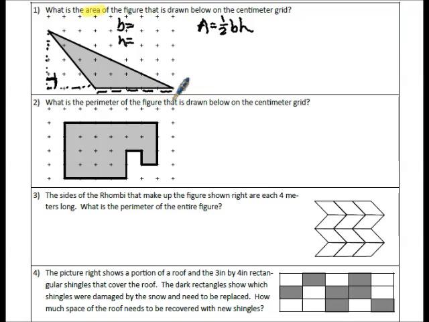Now the base is this bottom, which I see 1, 2, 3, 4, 5. It is 5 centimeters because it's on a centimeter grid. And I see here that the height is 1, 2, 3, 4 centimeters. So I'm going to put 5 in for the base and 4 in for the height for this problem.